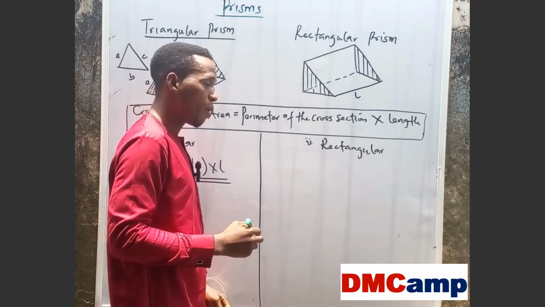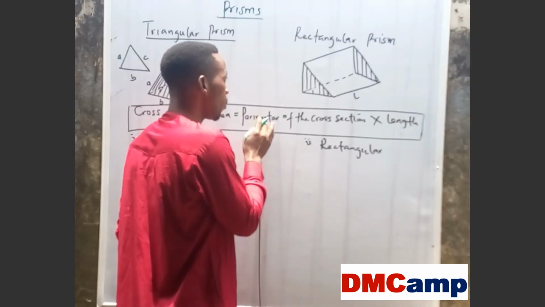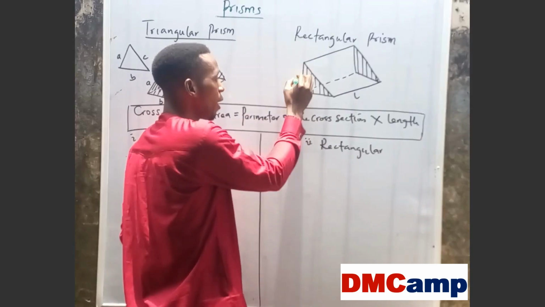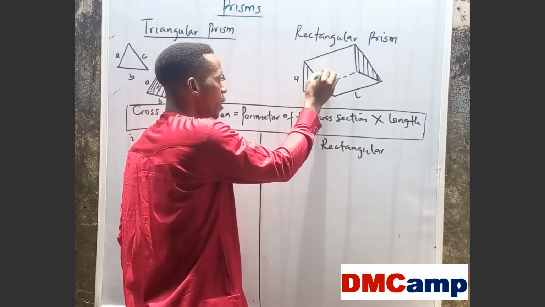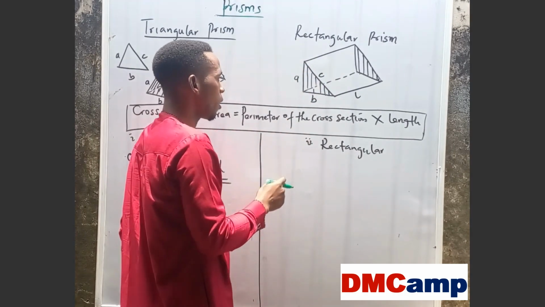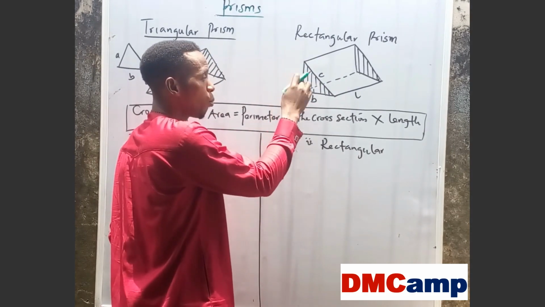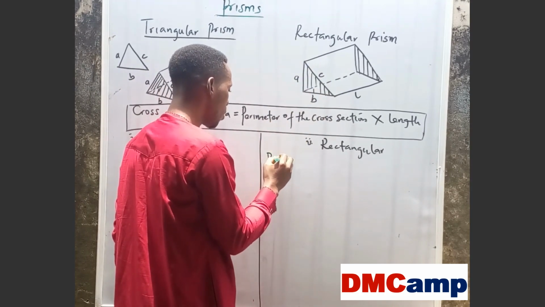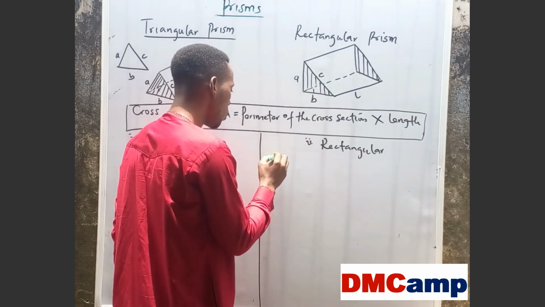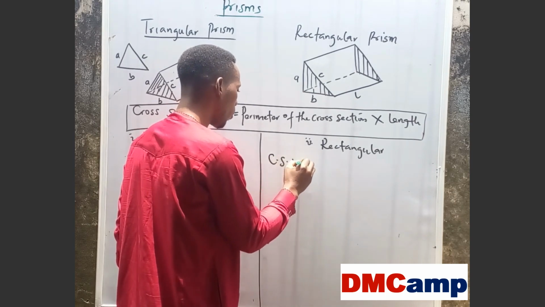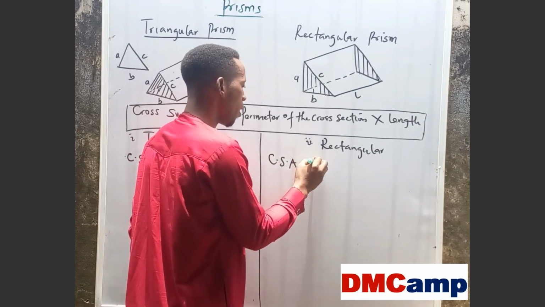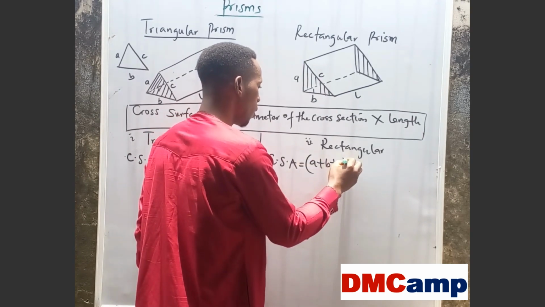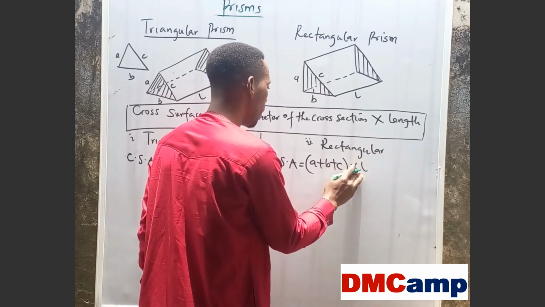You are going to use the same method here. The perimeter of this right angle: if here is A, here is B, here is C, the perimeter is by adding this plus this plus this. So the cross surface area of this will give us A plus B plus C, then multiply it by the length.